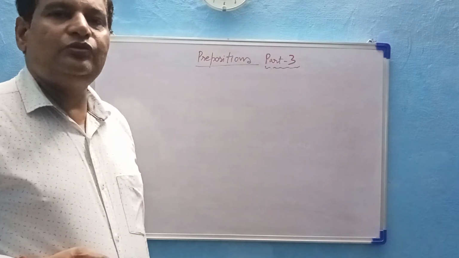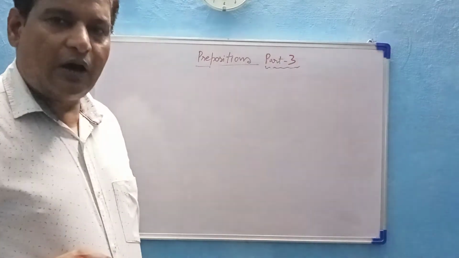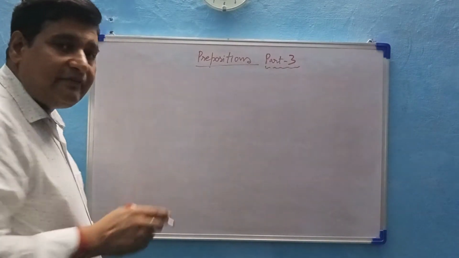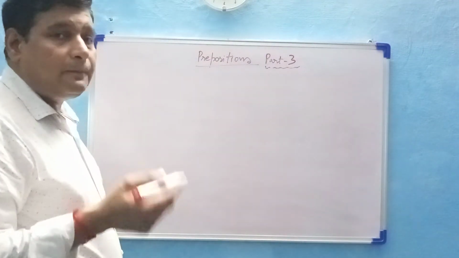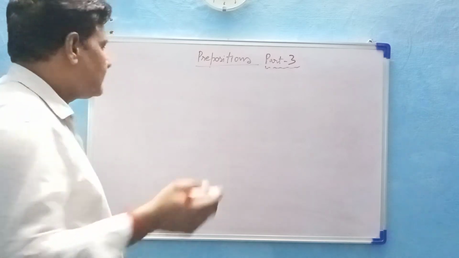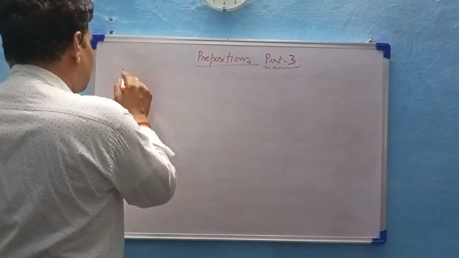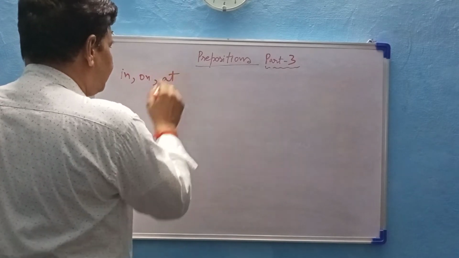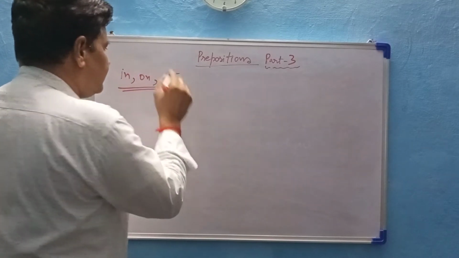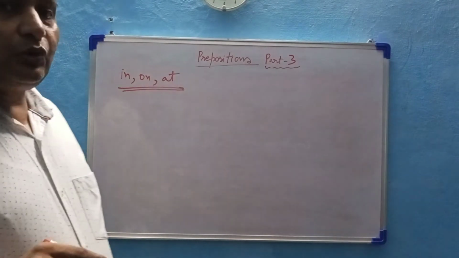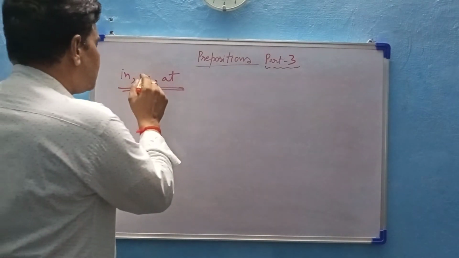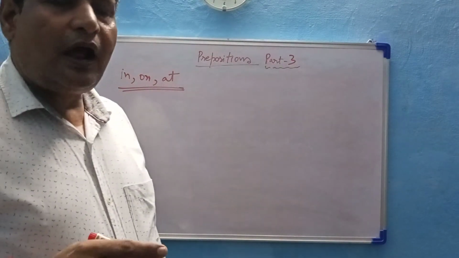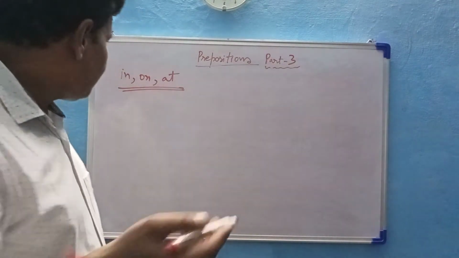Now understand the uses of certain prepositions. How these prepositions are used. Firstly, we will understand the most popular prepositions: in, on, at. There are various uses because they are used as prepositions of place and prepositions of time.